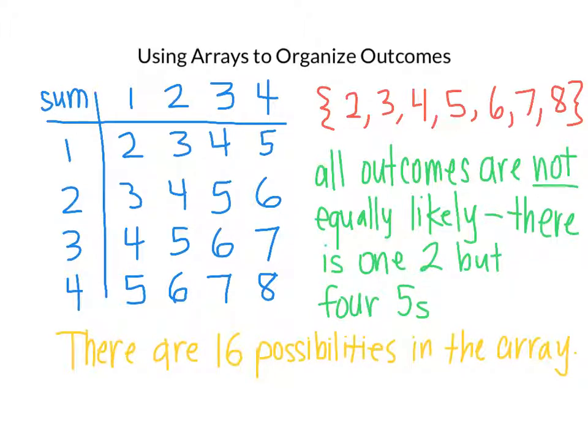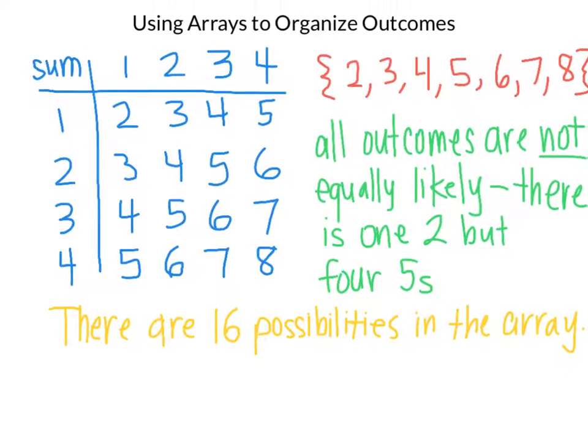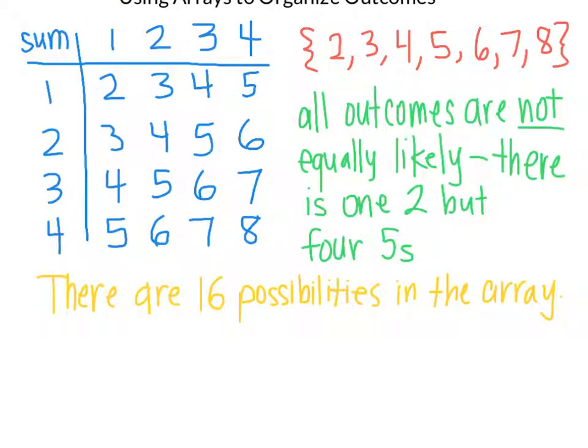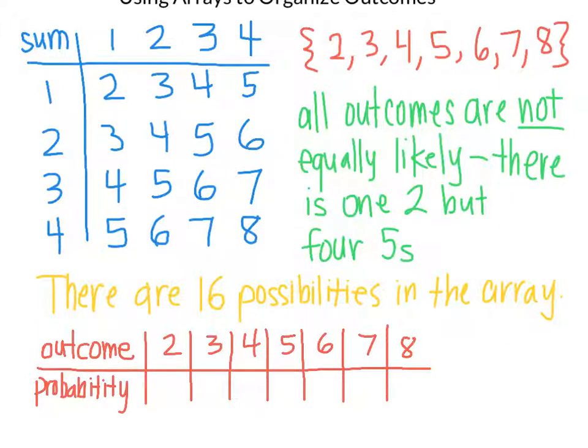Alright, so now let's use the array to help create a probability model listing the theoretical probabilities for each sum. So we're going to scoot this up a little bit so we have some room. I've listed each possible outcome, and now I'm going to write in the probability. So there's only 1 2 out of the 16, so 1/16.